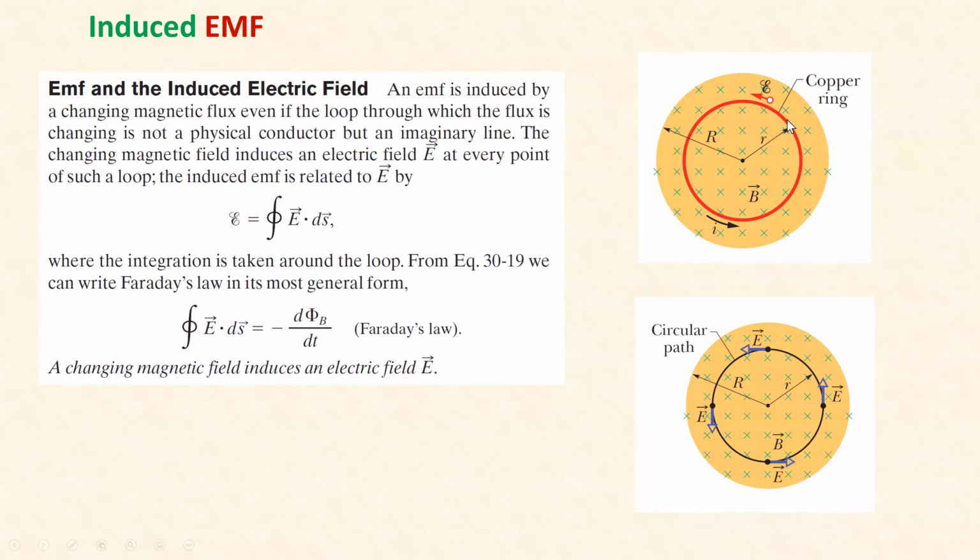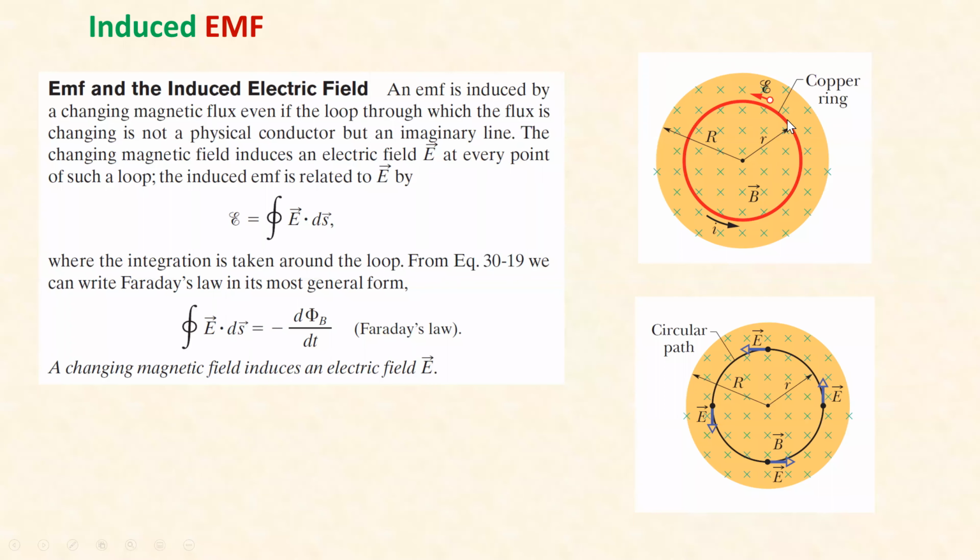It means the induced current creates a B field of its own that is out of the page, because this B field is into the page and it's increasing. So you use your right hand rule. If you put your thumb in the direction out of the page, you see that your 4 fingers show the counterclockwise direction, which is this current as shown here.